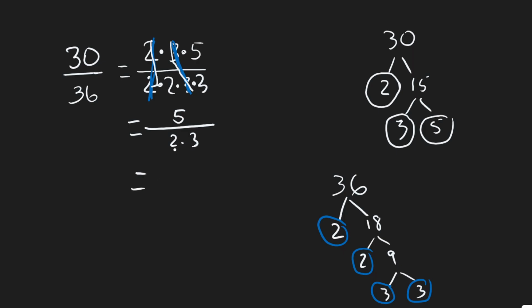And in the end, we get 5 over 2 times 3, which is 6. So our answer is 5 over 6. So you have used prime factorization to simplify this fraction. Okay. Let's do a second example using prime factorization to simplify the fraction.